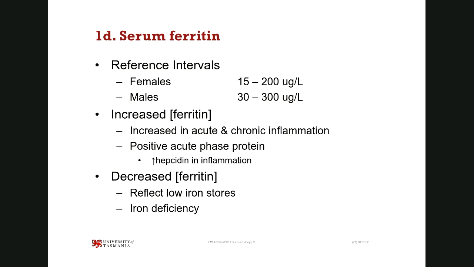Okay, so here's our first poll. Total iron binding capacity, that's TIBC, is inversely proportional to ferritin, hemosiderin, serum iron, or transferrin.